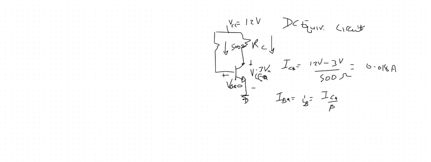That makes sense. So what is IC? 0.018 over beta. What's beta? Beta is given as 100. I didn't put it there. So beta is equal to 100.